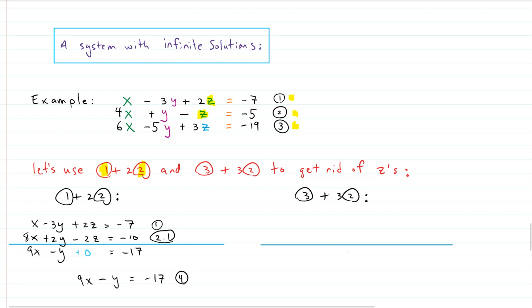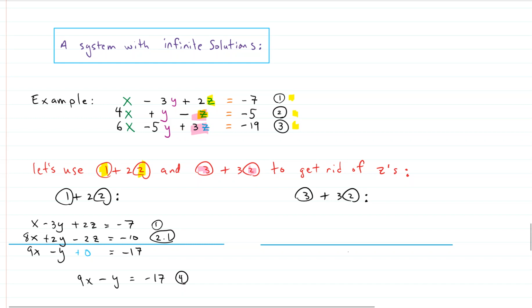So now we go back to the original 3 and we choose a different set of 2. So instead of choosing 1 and 2, let's choose 2 and 3. And we've got to get rid of the same variable z. So if we take equation 3, and we multiply equation 2 by 3 and add them, we'll get rid of the z's.